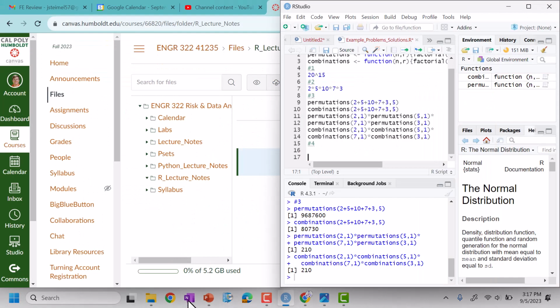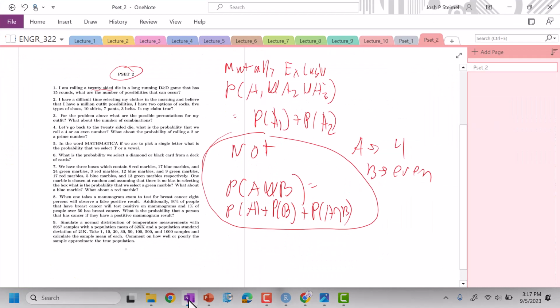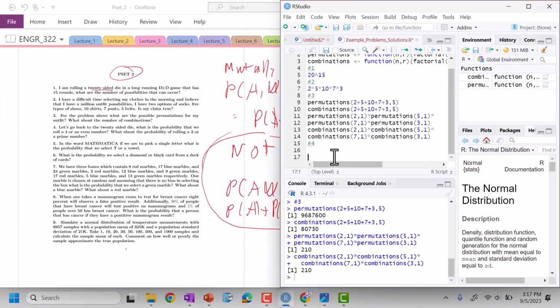For a 20-sided die, the probability of rolling a 4 is going to be 1 divided by 20. The probability that I roll an even number is, on the other hand, going to be a half. Then I'm going to subtract the probability that I roll an even number that is also a 4. So that's going to be 1 divided by 20.